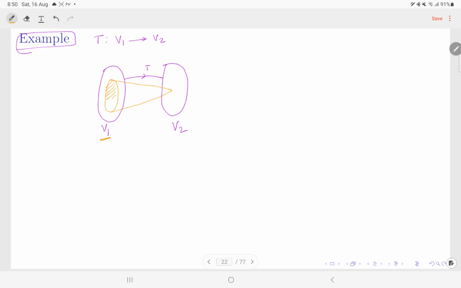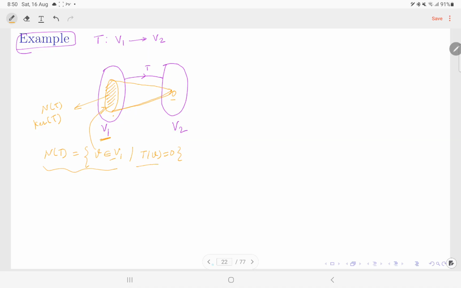So we are looking for this set of vectors in V1 which map to 0 in V2. This is your null of T or kernel of T. The definition is: null of T or kernel of T is the set of vectors v in V1 such that T(v) is equal to 0. So this is your actual definition. It means we are looking for vectors in V1 which map to 0 in vector space V2.